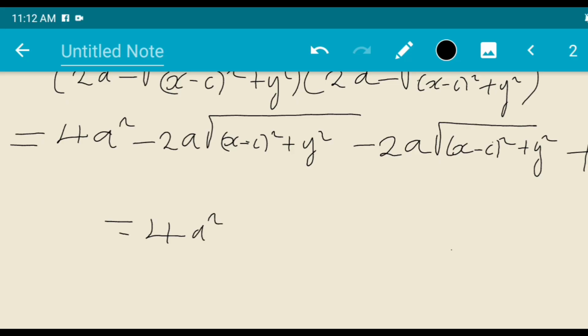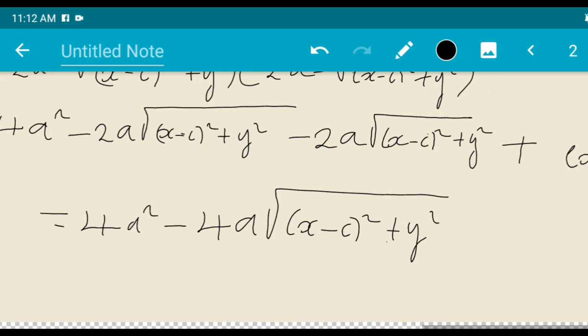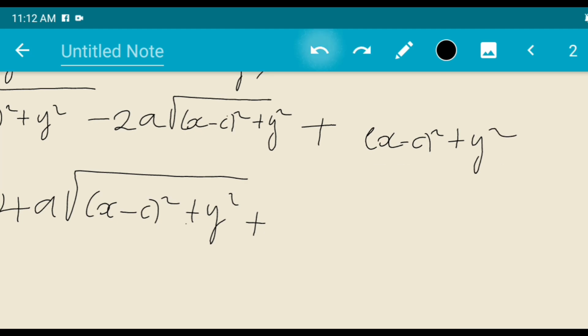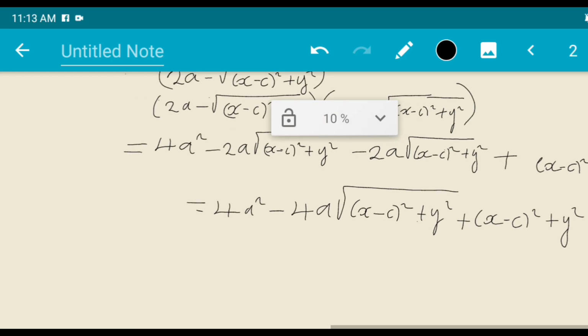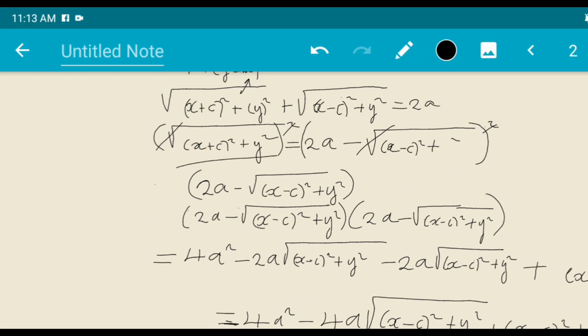Then at the end we say plus, we write down everything this side, which is just going to be x minus c squared plus y squared. Then it should be equal to this, which we had forgotten about for a moment.